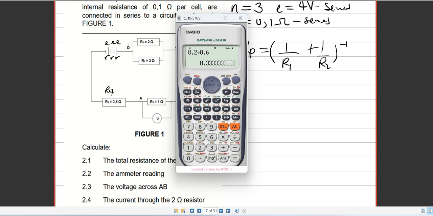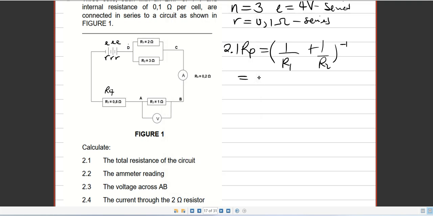Here we will have 1 over 2 plus 1 over 3, to the power minus 1, and it gives us 1,2 ohms.